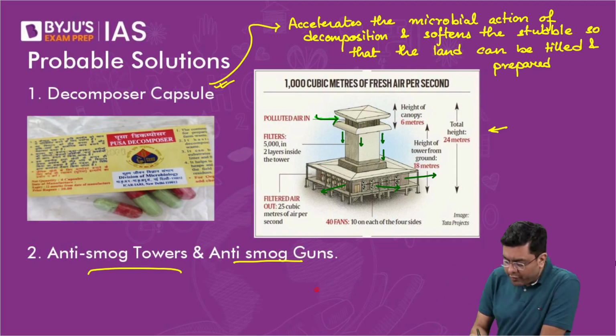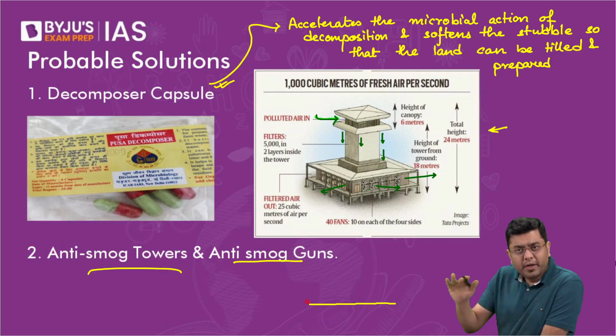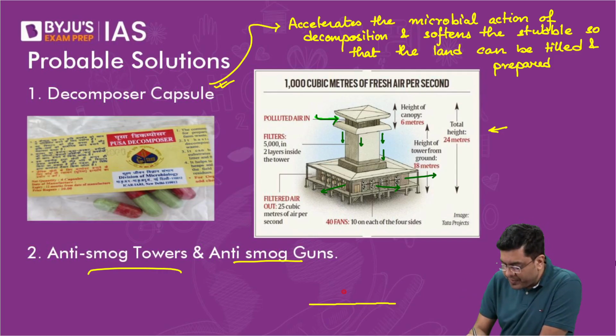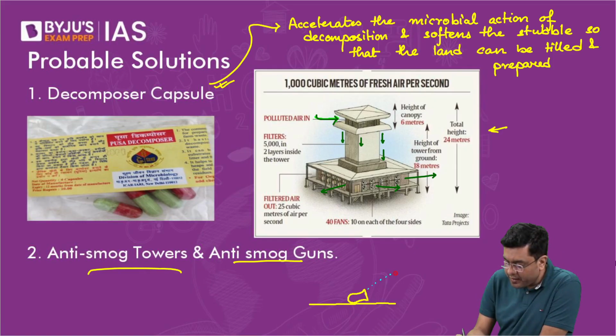So here, if you observe these anti-smog guns, they are loaded onto a kind of trailer attached to a truck, and basically they will have a cannon-like structure, right? And from this, multiple tiny droplets of water are sprayed into the air.